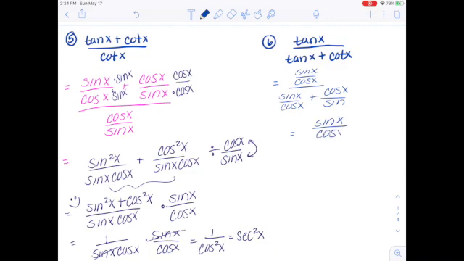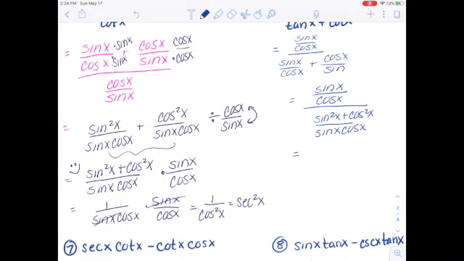After I make common denominators, I get a common denominator of sine of x cosine of x, and your numerator would just be sine squared of x plus cosine squared of x. And that would simplify to be 1 right here. That's your good old Pythagorean theorem identity.